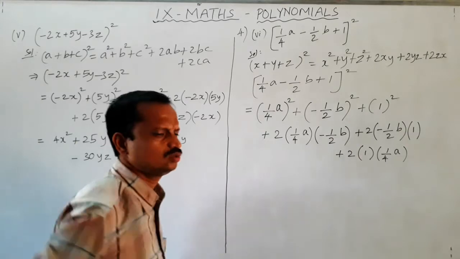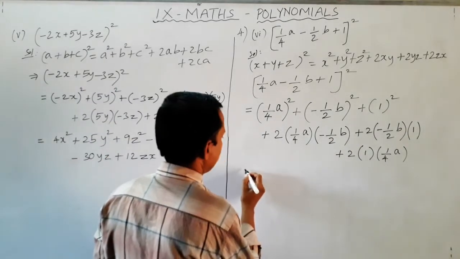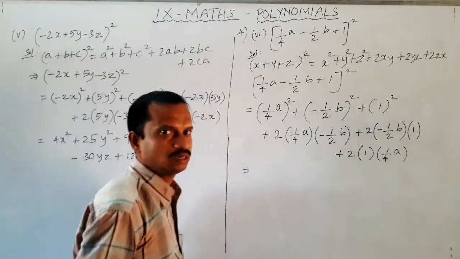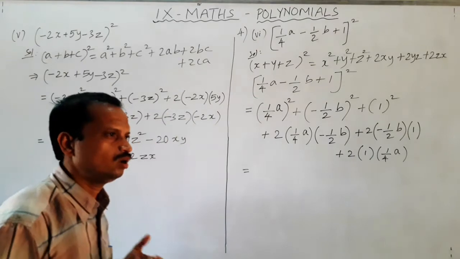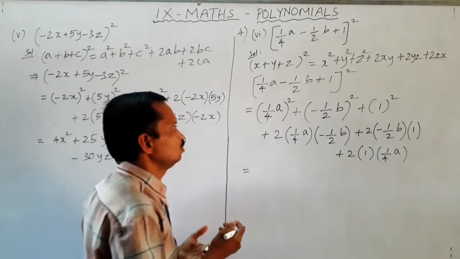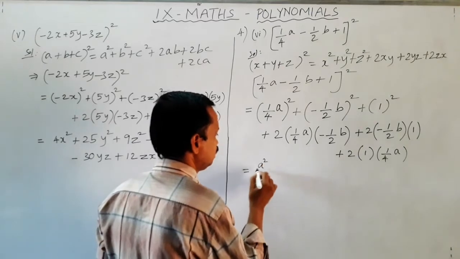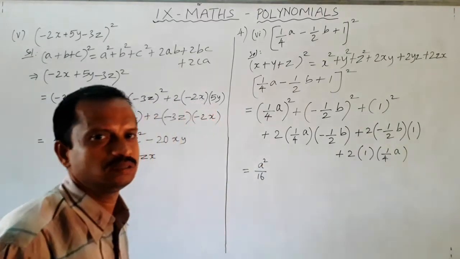Okay. Simple fractions only, but the same identity you have to use. Take care. 1 by 4 and then a square. That means 1 into a, so a square in the numerator will come, and the denominator 4, if you take the square, 16. A square by 16, that's all.